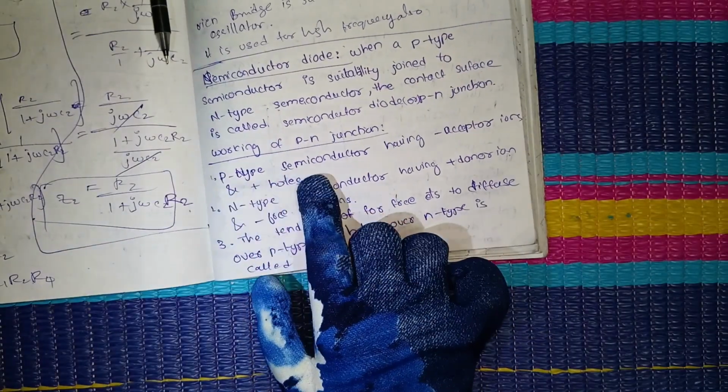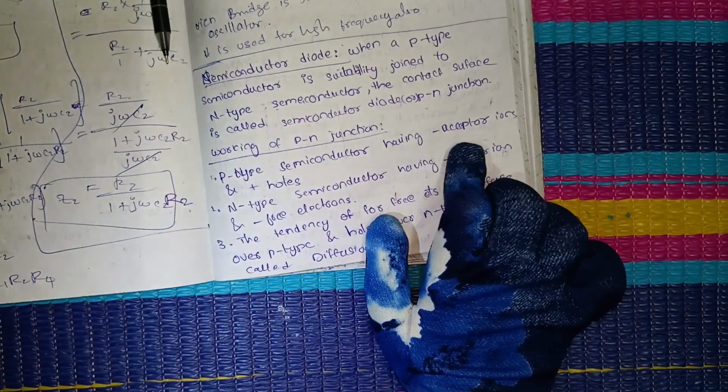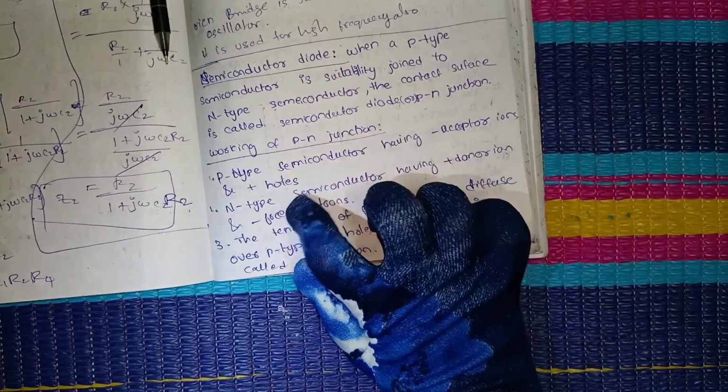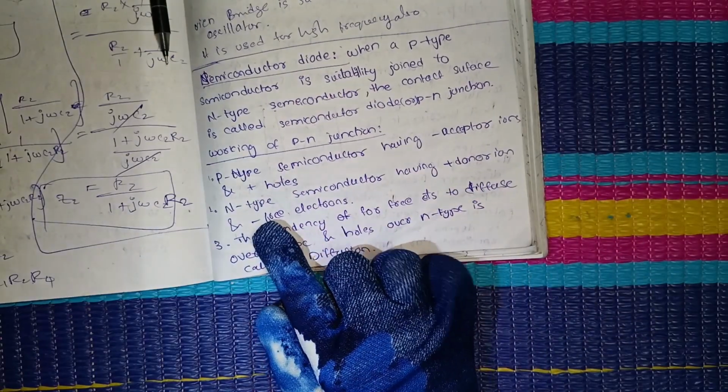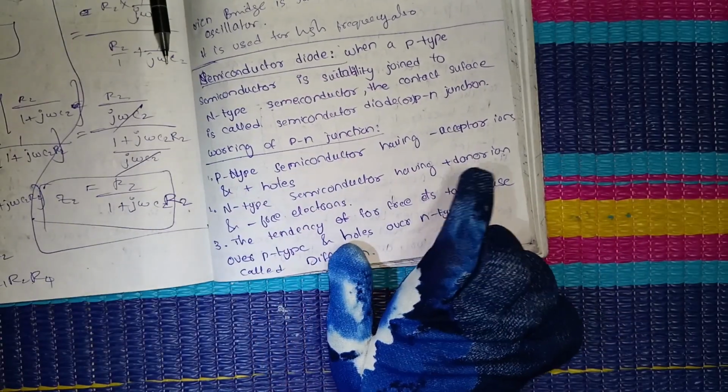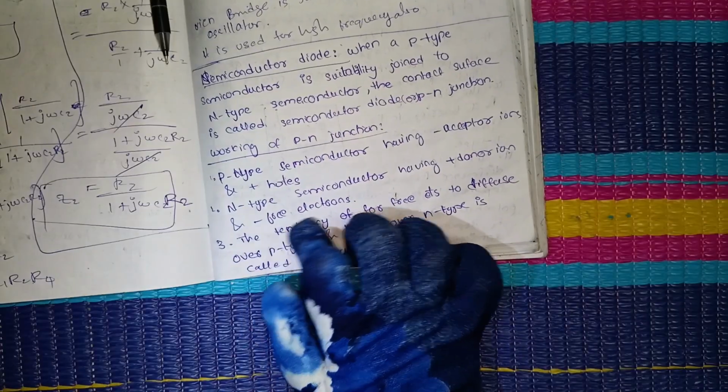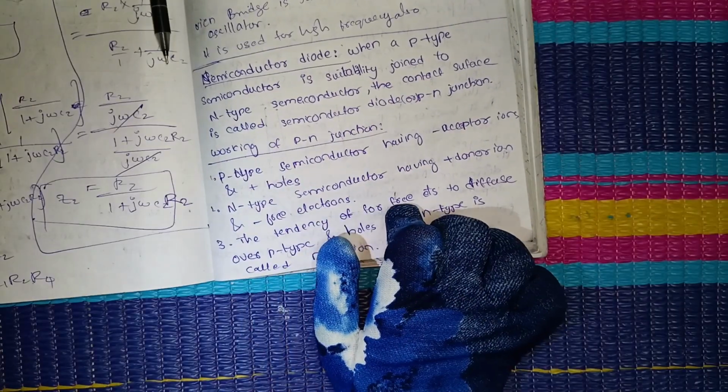Here p-type semiconductor has negative acceptor ions and positive holes, and n-type semiconductor has positive donor ions and negative free electrons.